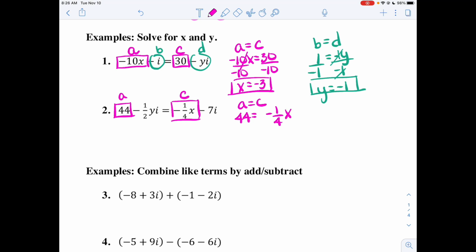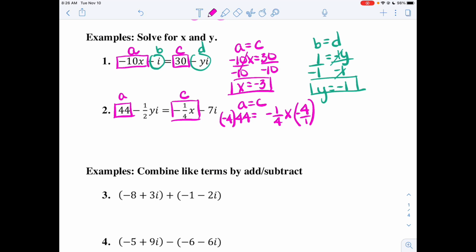Now, I want to solve for x, which means that I need to get rid of a negative 1 over 4. In order to cancel a fraction and make it go to 1, I need to multiply by its reciprocal. So the reciprocal of negative 1 over 4 is a negative 4 over 1. And then I can multiply this other side by a negative 4, technically over 1, but we don't have to write over 1.